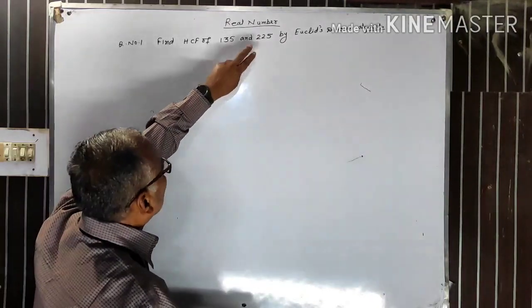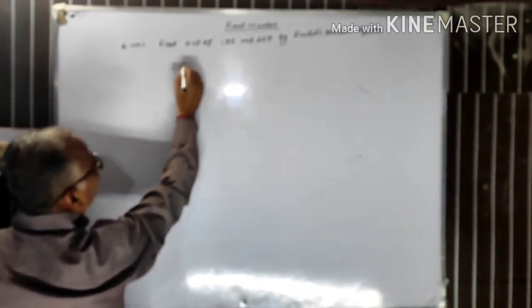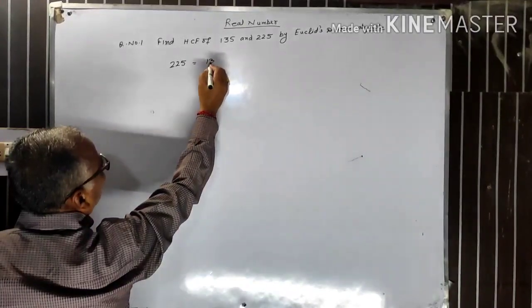The first step is you divide 225 by 135.